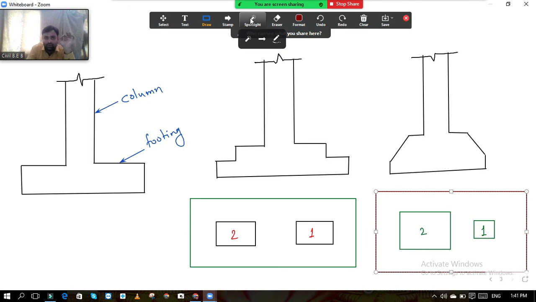Now if you, as a civil engineer, carefully observe this, for column number 2 this much huge area is required, but for column number 1 this area is the wasted area. It is not required for column number 1, as that much load is not acting on column number 1 and it does not transfer that much huge load. So this area is getting wasted.